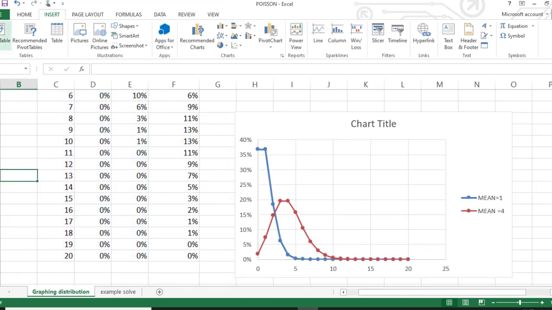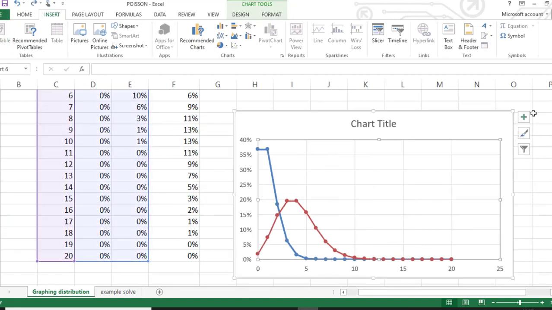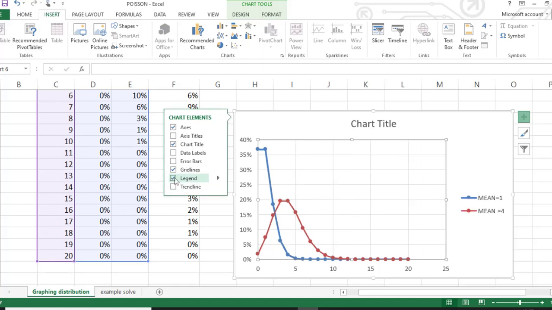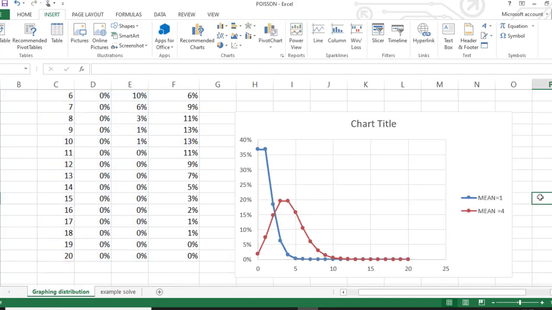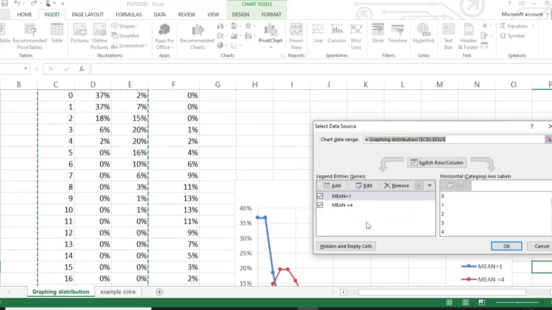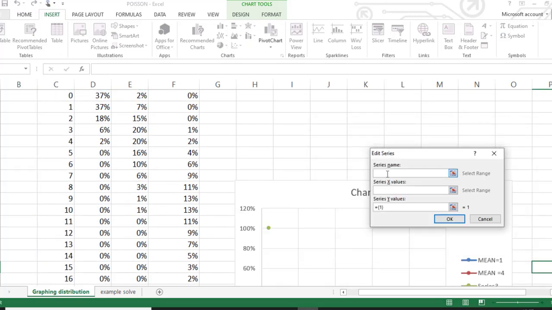Let us tick mark the legend part to show the different mean of different graphs. Okay, now let us add the third graph into the given chart. So again, I am just selecting the data. Now I am using the add command, and series name is when mean is equal to 10.